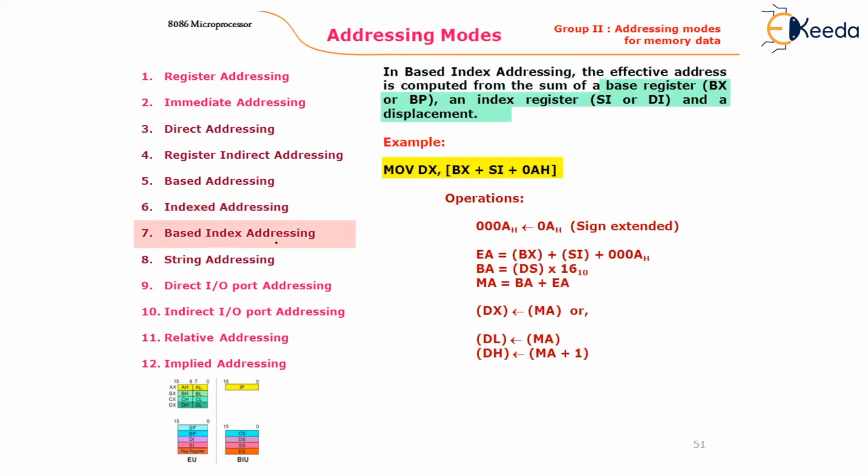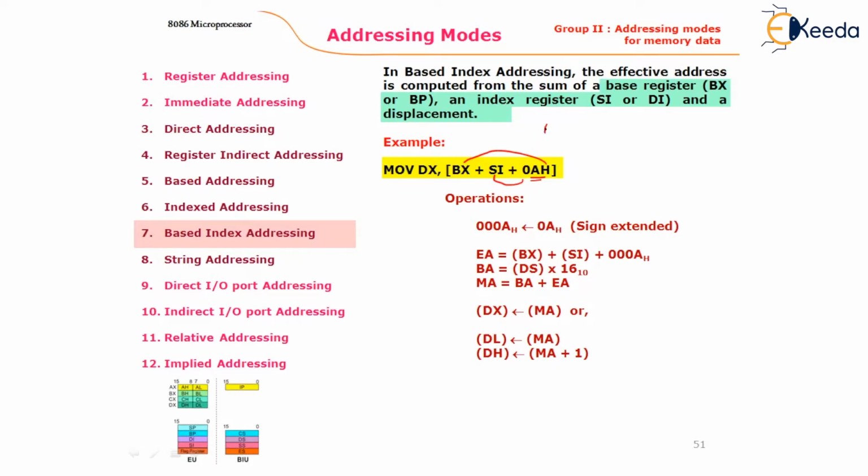Base index addressing is even simpler. The value which is given in the instruction will be added to two values: one is the index register, and the other is the base register, in order to calculate the effective address.